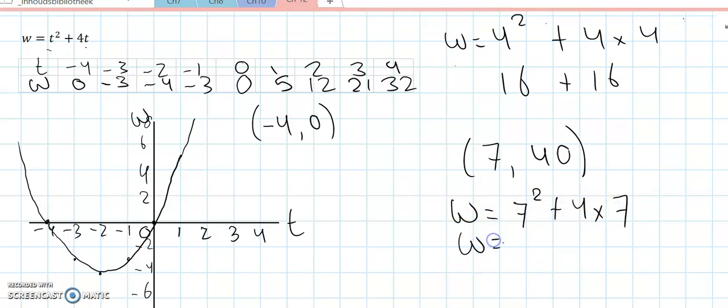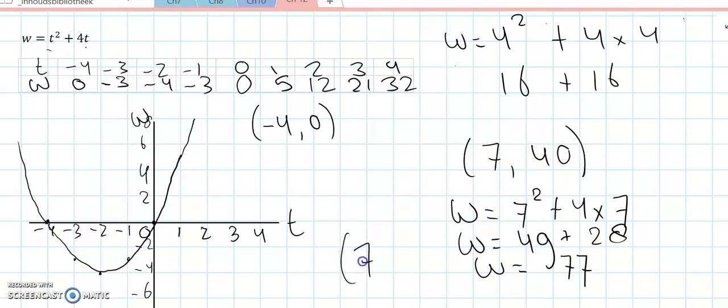And I think you can already see that it's not correct, because this is 49 plus 28. So w is 77. And that is not the same as 40. So no, this point does not lie on the graph. But the point 7, 77, that one does lie on the graph.